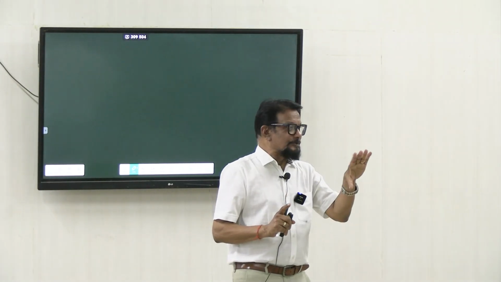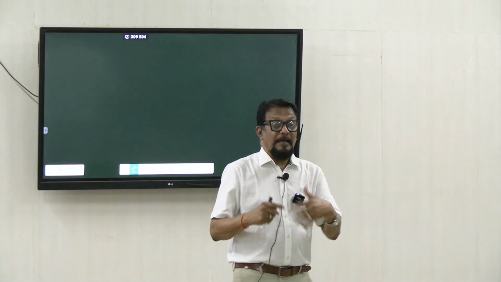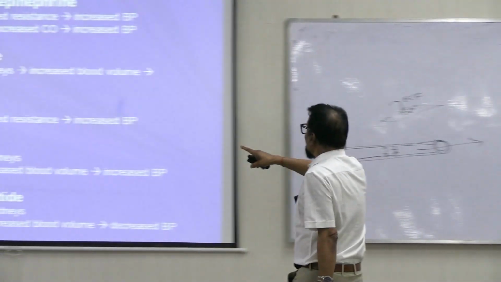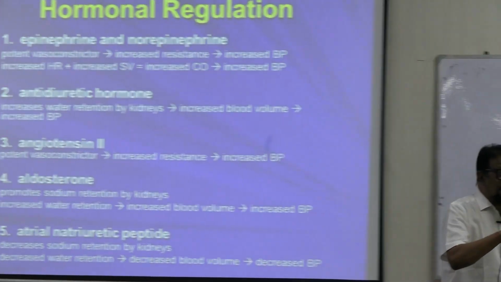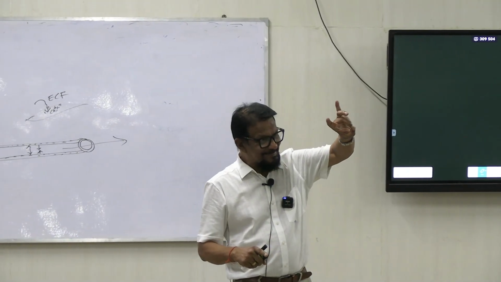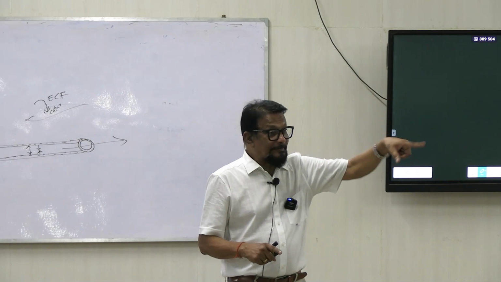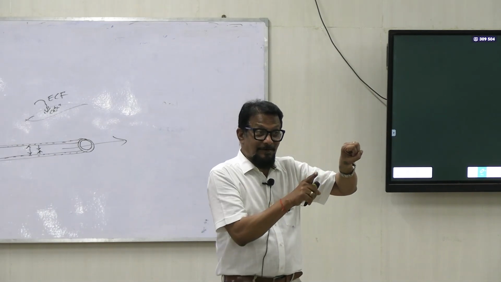Now angiotensin 2 will cause vasoconstriction. As a result, there will be an increase in blood pressure. So blood pressure in the afferent arteriole will be increased. Why? Because of the reduction in blood pressure in the afferent arteriole.